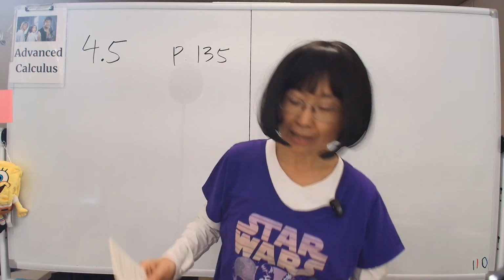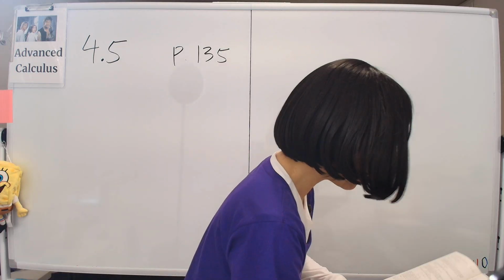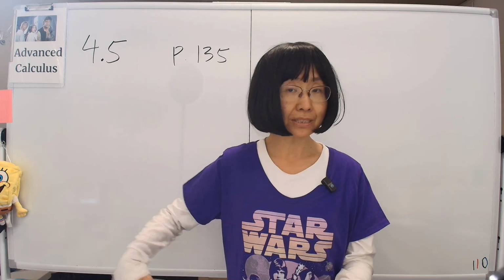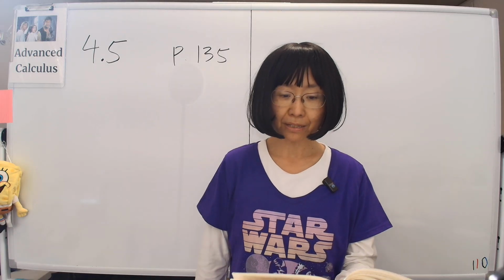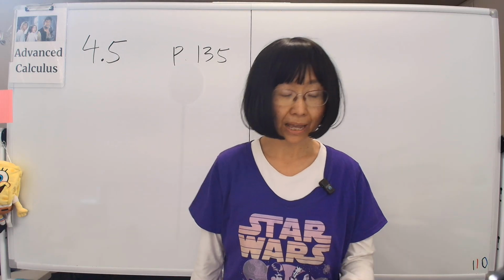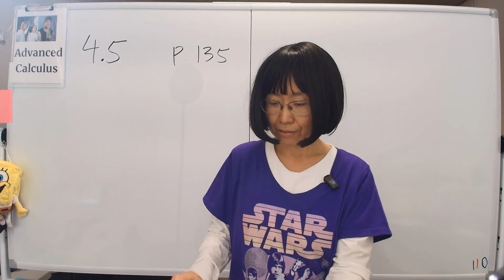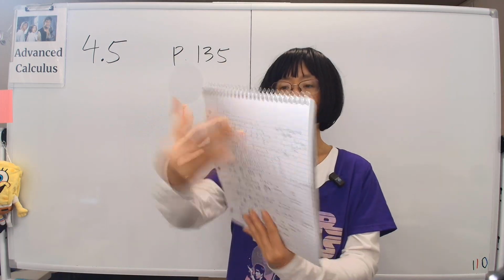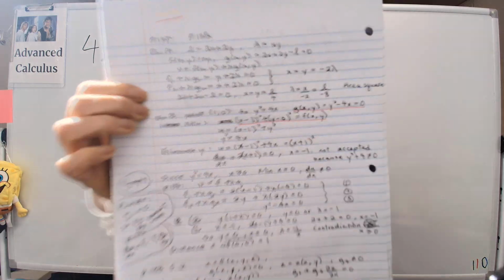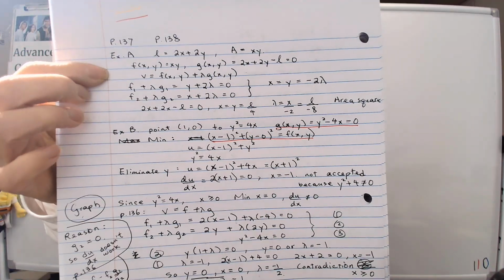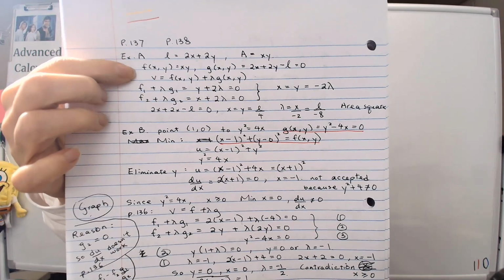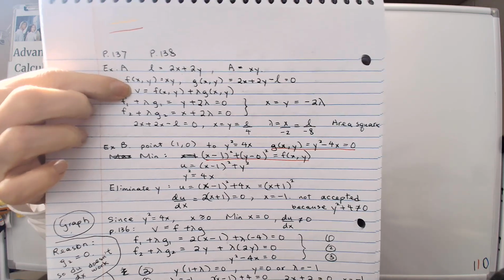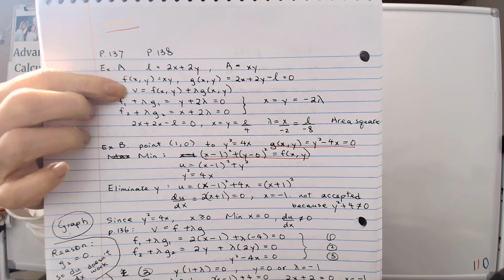So let's look at example A, which is a quick little example. We need to find the rectangle of a set perimeter that maximizes the area. So please do this yourself, okay? It's very straightforward. We have f of x, y, and g. Then v is defined as f plus lambda g.